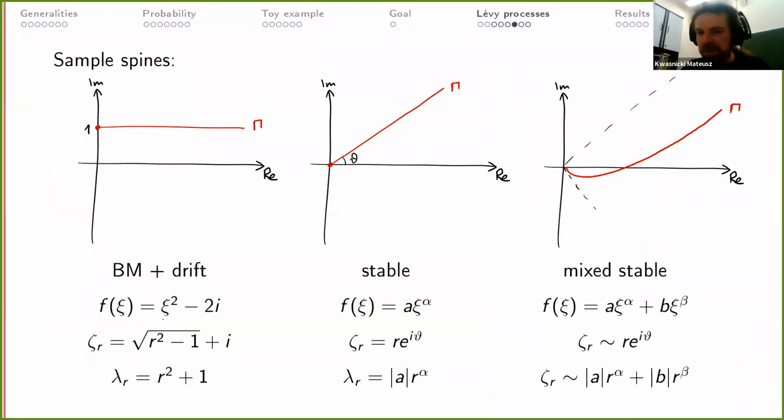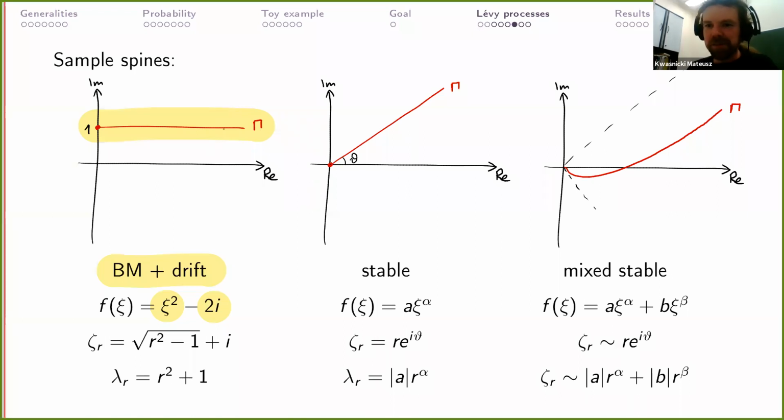Now, let me show you just a few spines. So if you consider the Brownian motion with drift, or the second order operator, the Laplace operator plus a first order term, then the spine is just horizontal. And that's the optimal choice for the corresponding eigenfunction expansion. And what we call the stable case.